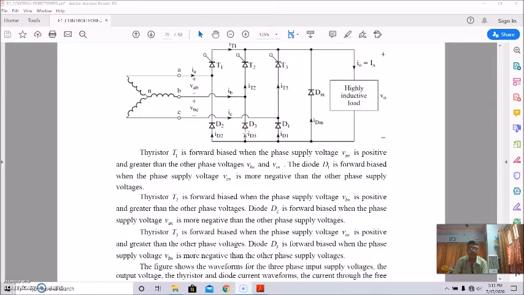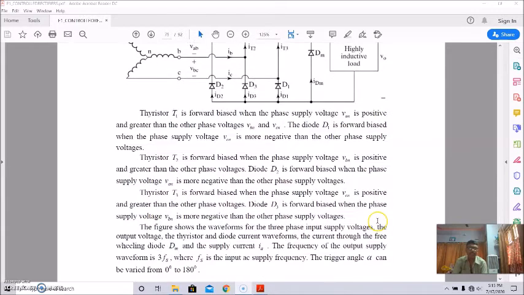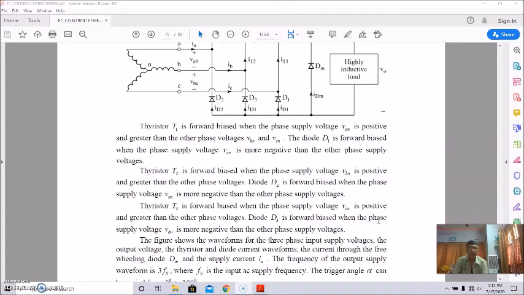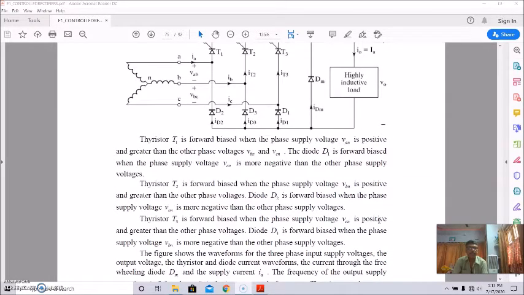Diode D3 is forward biased when the phase supply voltage VBN is more negative than the other phase supply voltages. As a result, this is the current flow path.